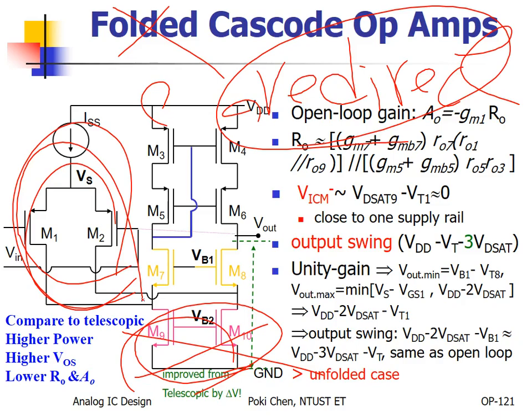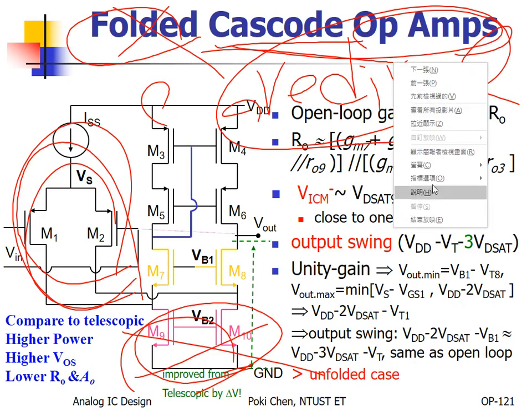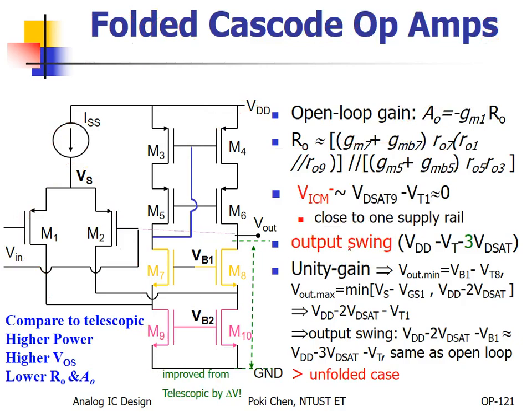Anybody? That is what I can help. You will see how much similarity there is between the telescopic cascode, the traditional cascode op-amp, and the folded cascode. They are twins. They are brothers. The only difference again is the helper for current redirection.